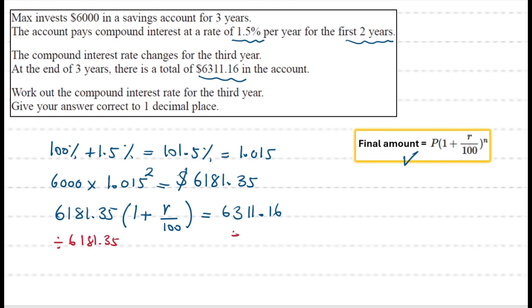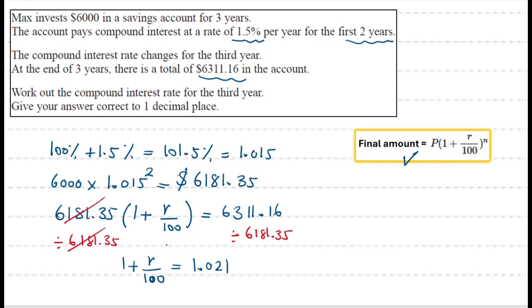In order to solve this, we need to divide both sides by 6,181.35. So on the left hand side, those two cancel, and we'll get 1 plus R over 100. On the right hand side, when we divide, we'll get 1.021.